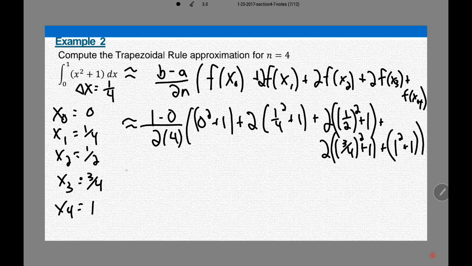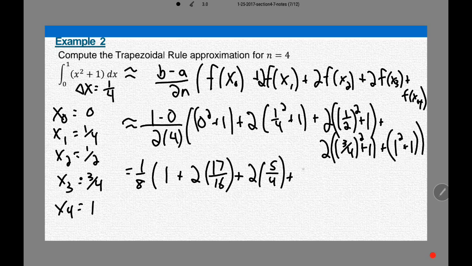Alright, so this first part just becomes 1/8. And then 0 squared plus 1 is 1, and then I've got 2 of 1/4 squared plus 1, which is going to be 17/16. And then I've got 2 of 1/2 squared plus 1, that ends up being 5/4. I've got 2 of 3/4 squared plus 1, that's 25/16.